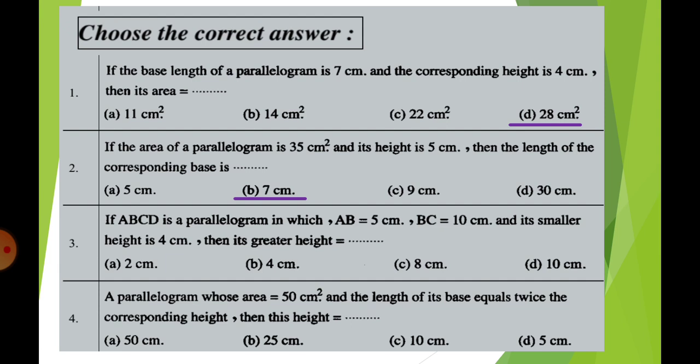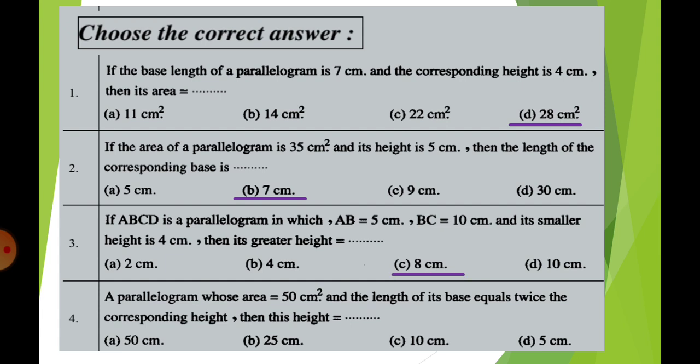Then the area of the parallelogram equals greater base times smaller height. Greater base 10, smaller height 4. The area equals 10 times 4 equals 40. The greater height equals area over smaller base. Area 40 divided by 5 equals 8 centimeters.